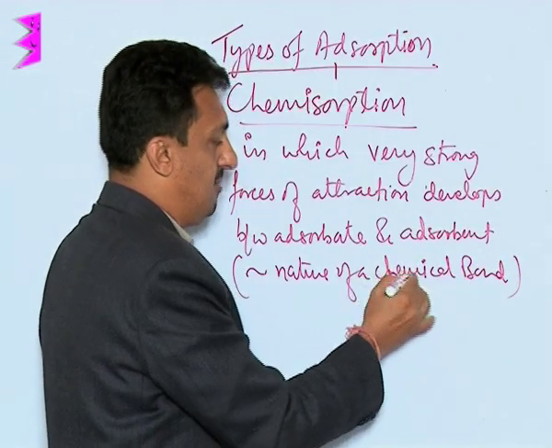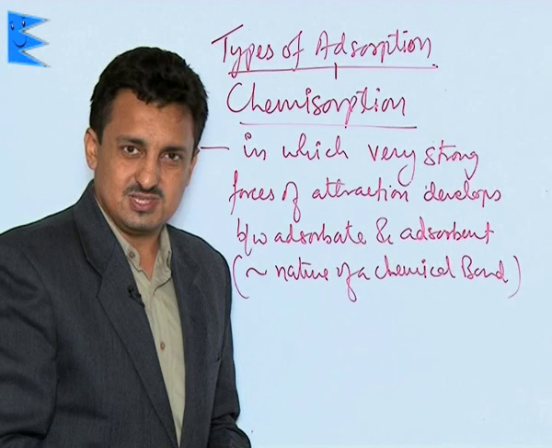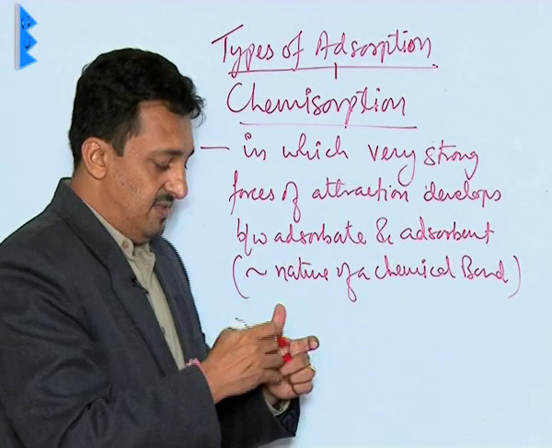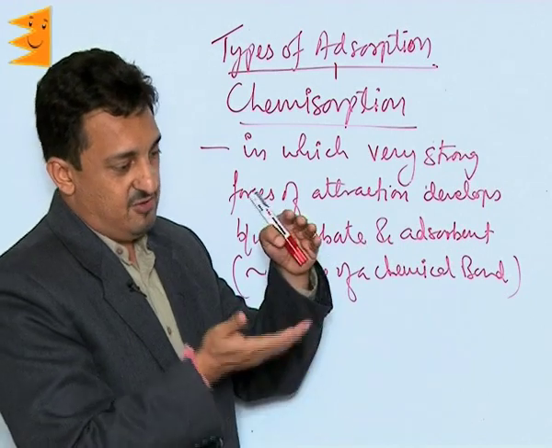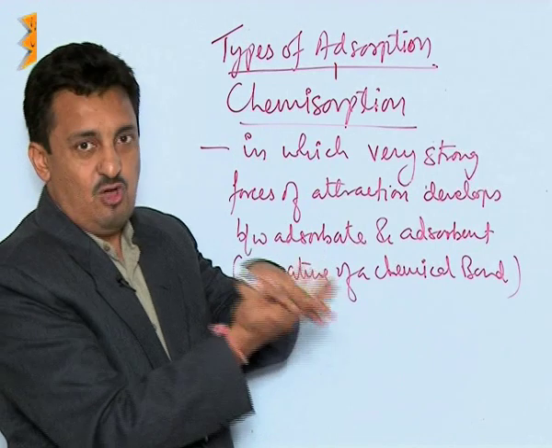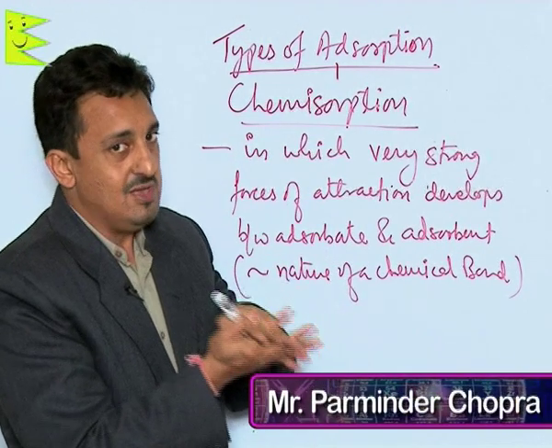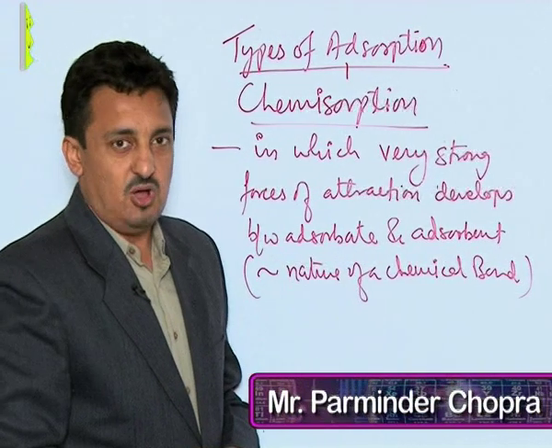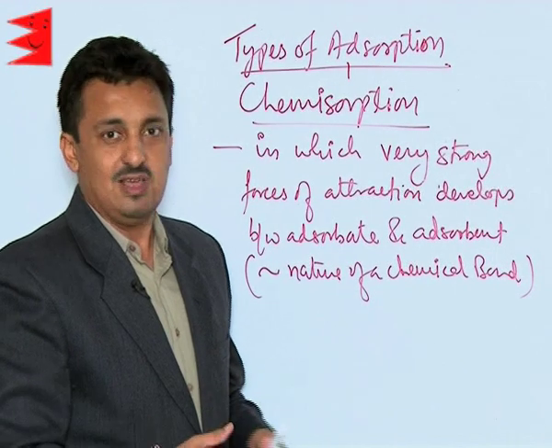These forces are as strong as a chemical bond. So when the forces of attraction between the adsorbent and the adsorbate are very strong, almost of the nature of a chemical bond, the adsorption is called chemisorption or chemical adsorption.